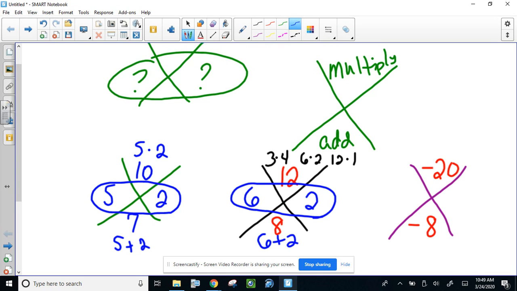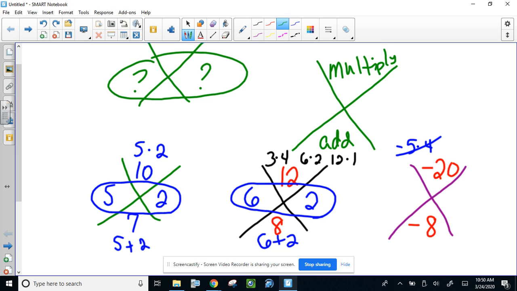Just coming up with some numbers off the top of my head. So for 20, we could say 5 times 4, one of which being negative. The bigger number would have to be negative because we're adding to make a negative number. So 5 times 4 would be 20, but is negative 5 plus 4 going to make negative 8? No, that's not going to work.